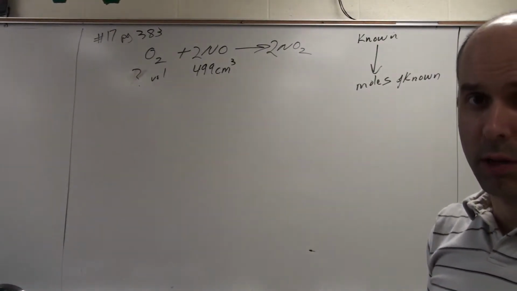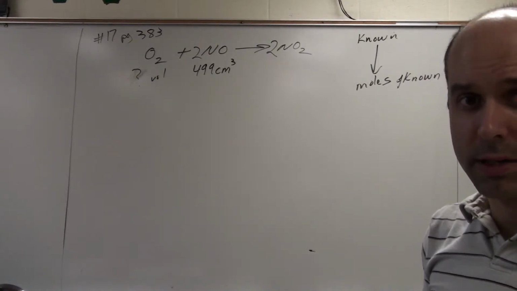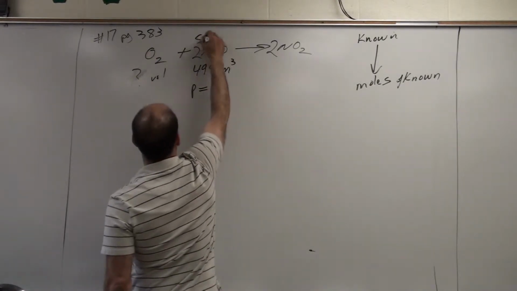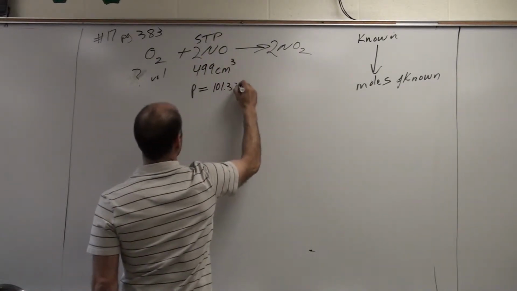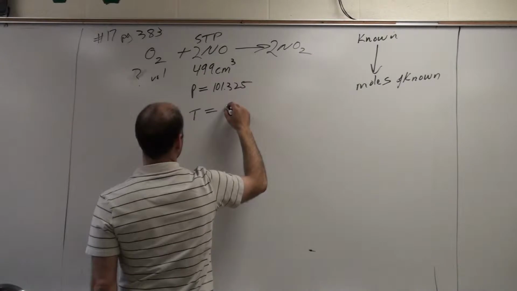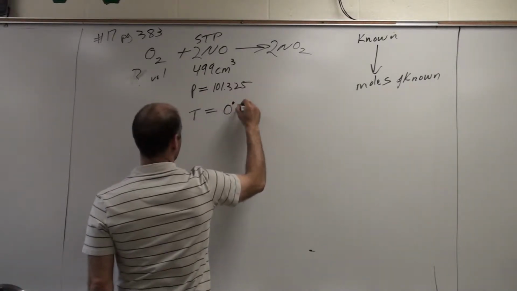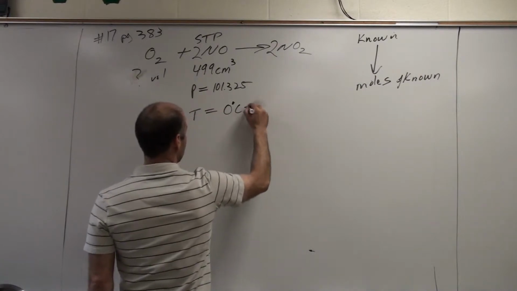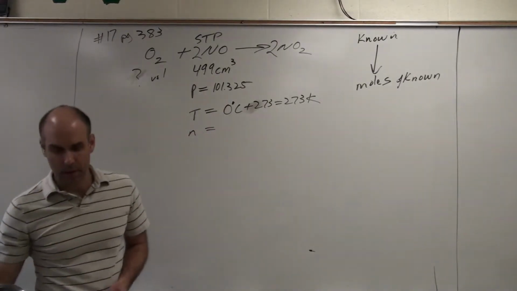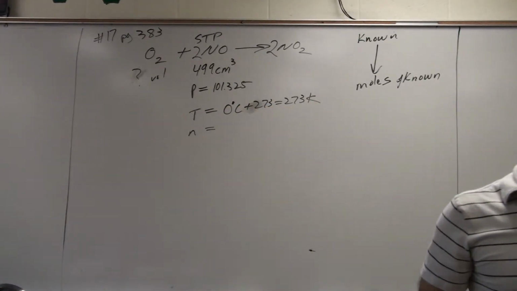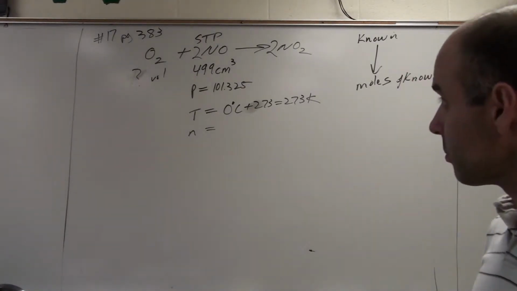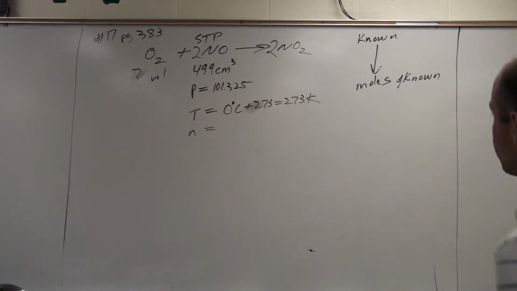You can do that using PV equals nRT. The problem tells us that we are at STP. So you can use PV equals nRT to get it to moles.